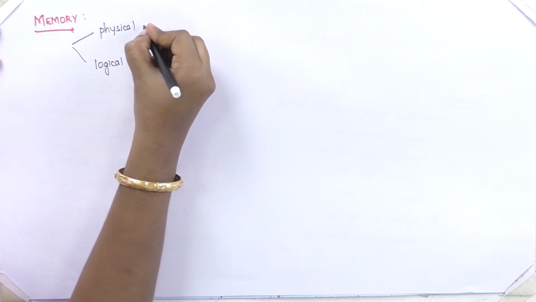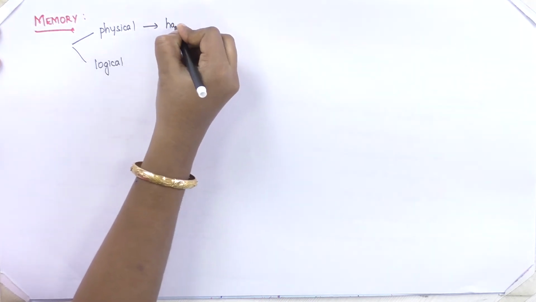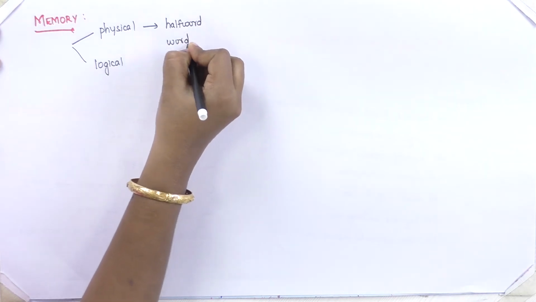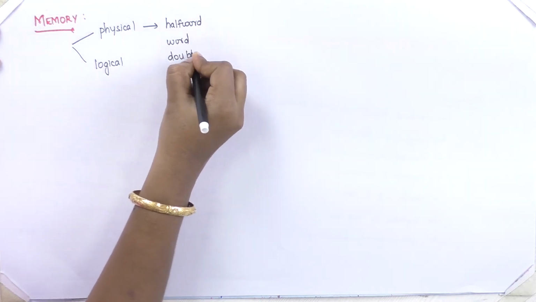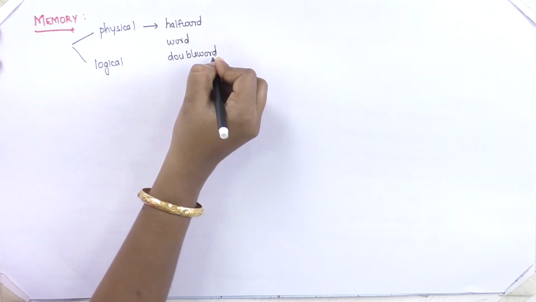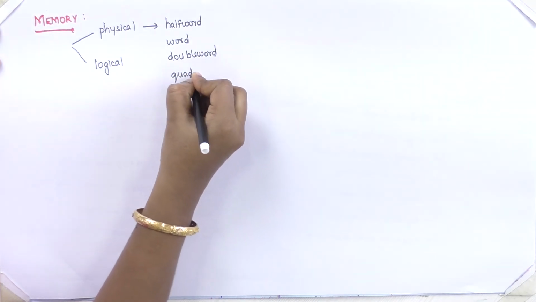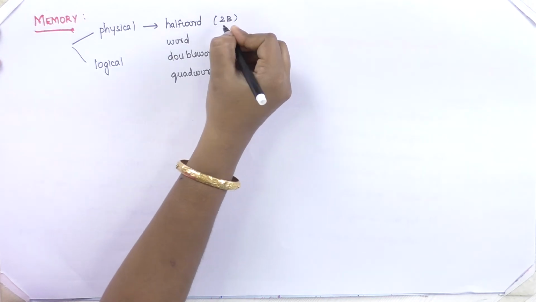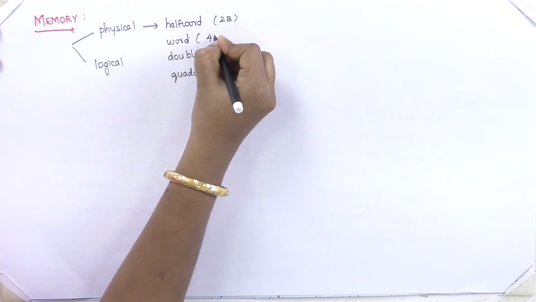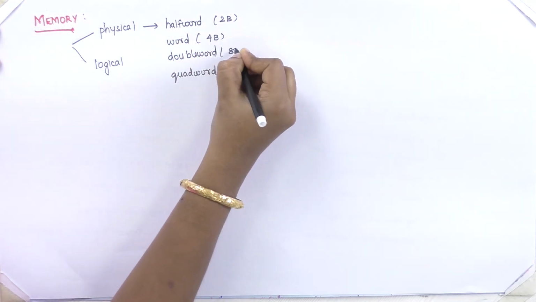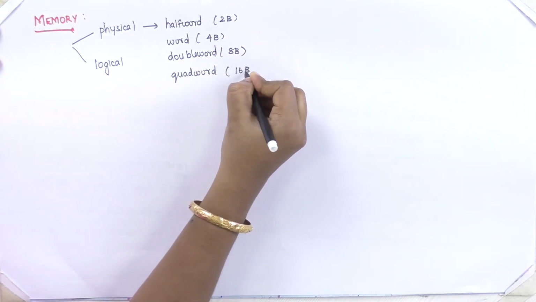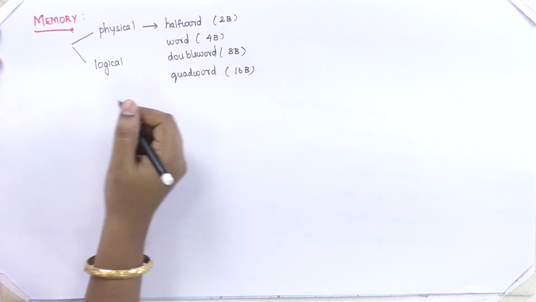Physical memory is categorized into half word, word, double word and quad word. 2 consecutive bytes form a half word, 4 consecutive bytes form a word, 8 consecutive bytes form a double word and 16 consecutive bytes form a quad word.